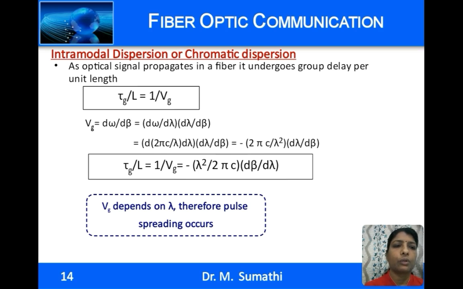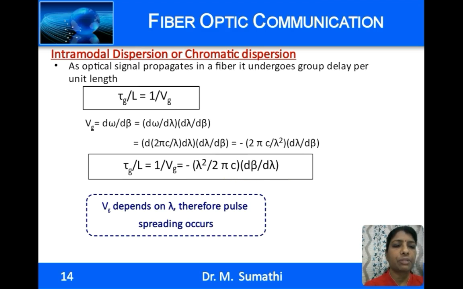Next, we shall look into pulse broadening because of group velocity. The delay per unit length, tau g by L, is equal to 1 by group velocity, that is Vg. Vg can be determined as d omega by d beta, and substituting the values and reducing, we get tau g by L, that is 1 by Vg, is minus lambda square by 2 pi c into d beta by d lambda.